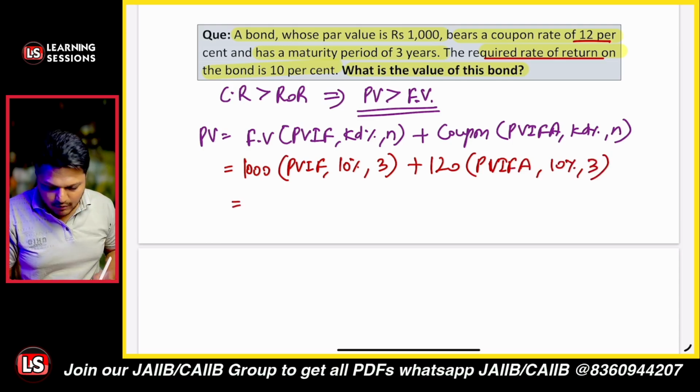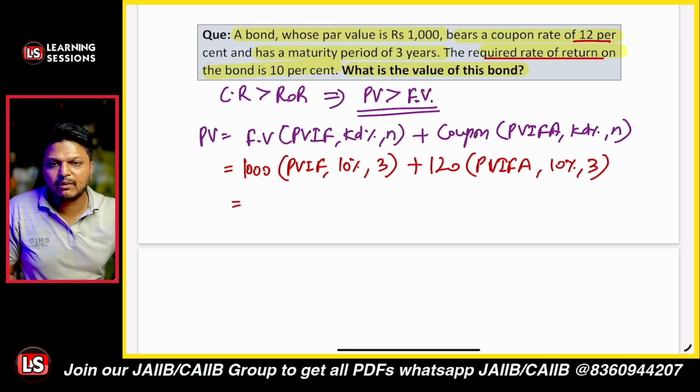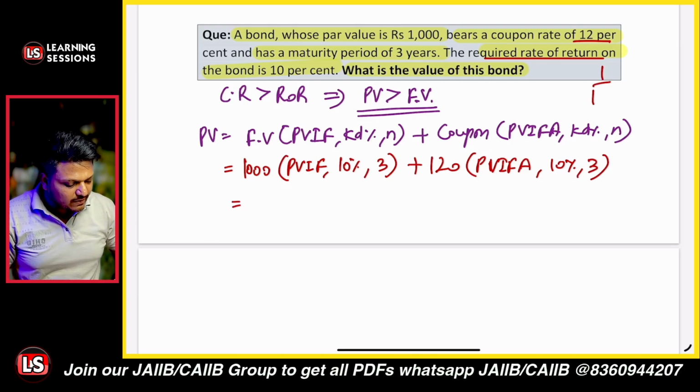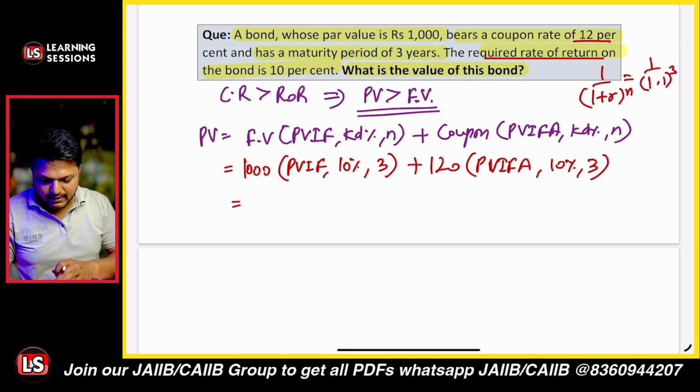That's it. Now I'll solve the value for PVIF. Same way, we use the discount factor formula, that is 1 divided by (1 plus R) raised to the power N. R is 10%, so 1 divided by 1.1 raised to the power 3, right? That we need to solve.